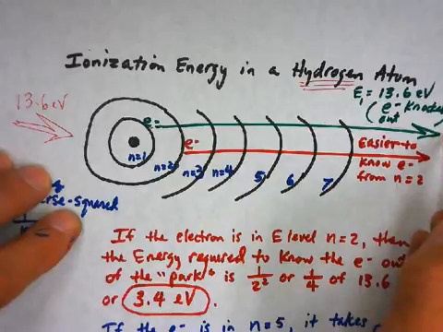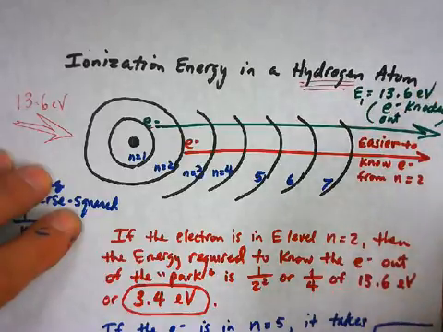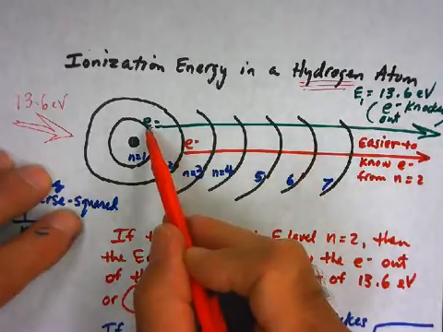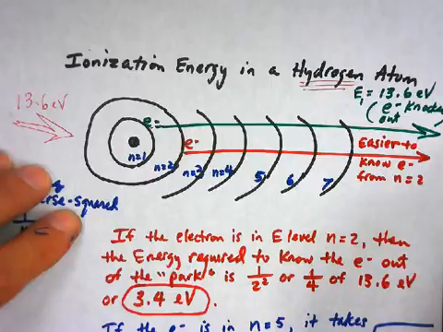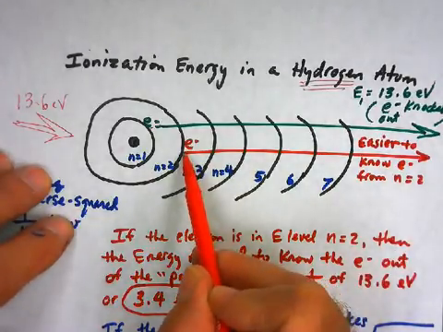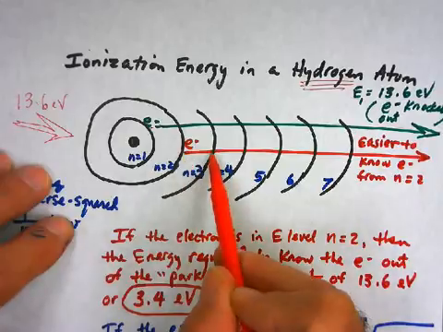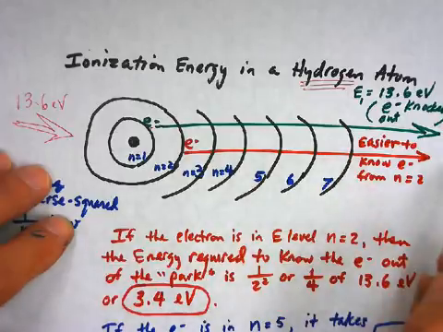It's like they hit a home run. It's over the fence. How much energy was required to do that? 13.6 electron volts to knock it from its n equals 1 ground state all the way out of the atom. You can see here, though, that if the electron would happen to be in level 2 or level 3 or level 4, it's not as far away from being knocked out, is it?